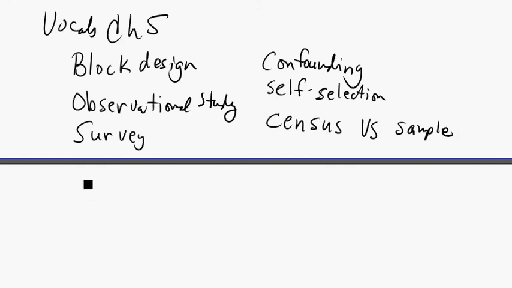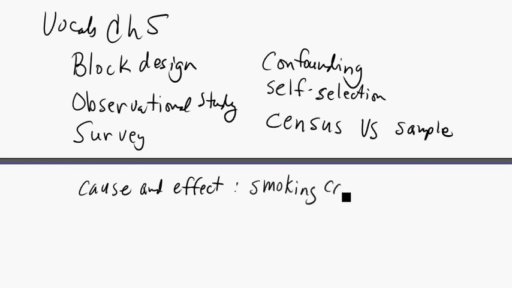When can you infer cause and effect? When can you say that something causes something else? Like, when can you say smoking causes cancer? And when can you say that you actually get a cause and effect relationship and not just a tight association between smoking and cancer? Anybody know? Yep.